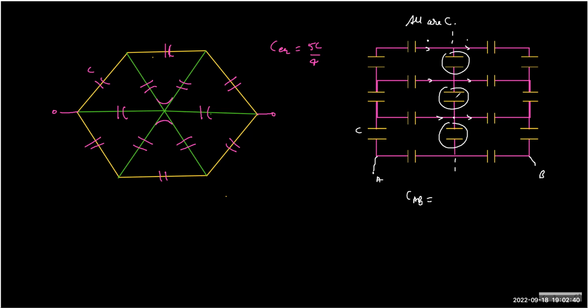C/4 plus C/2 is 3C/4, right? So we are done till here, right? Till here it is 3C/4. And now we have this C and this C/2 and C/2 in series with 3C/4. What is the answer? 5C/4. Oh no.